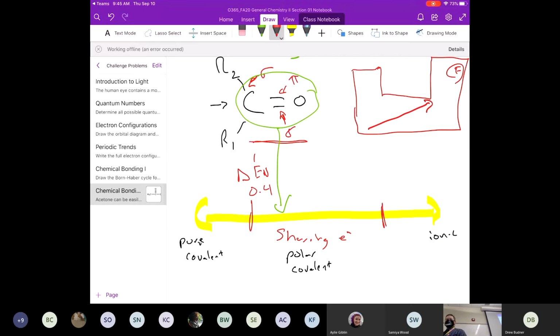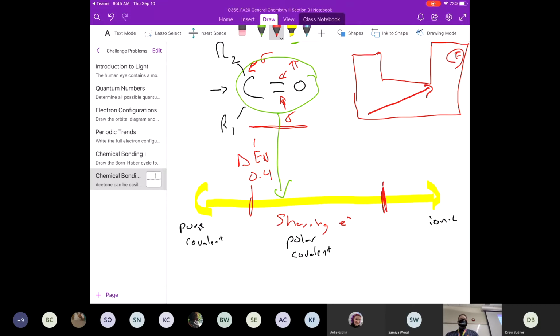Everything above 0.4 we consider polar covalent until it gets to this limit over here, which was at a value of what? 1.7. Right? So if it has a difference in electronegativity greater than 1.7, we're going to call that ionic, right?